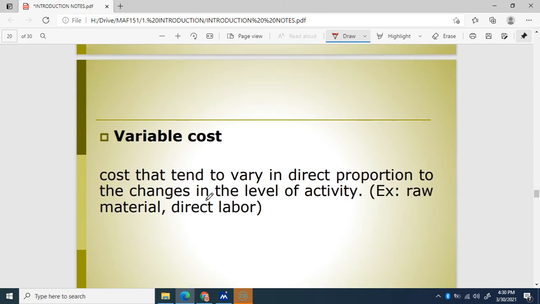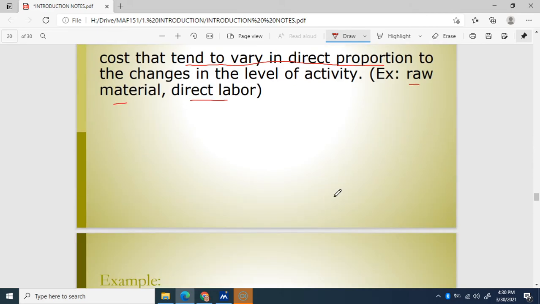Okay, the second under cost behavior is variable cost. So what is variable cost? The cost tends to vary in direct proportion to the changes in the level of activity. Examples are raw material and direct labor.